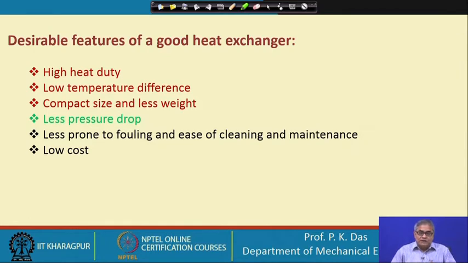Then low temperature difference. Basically, we are transferring heat between two streams, and the potential for this transfer process is the temperature difference of the two streams. So, it is obvious that the more the temperature difference, the more will be the heat transfer, but can we have very large heat transfer with a small temperature difference? That is the goal, or the desirable feature of the heat exchanger. Then compact size and less weight.